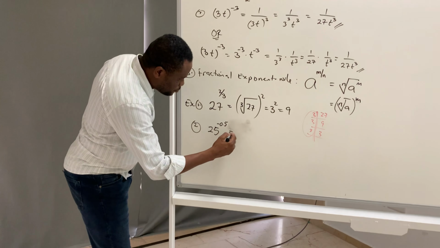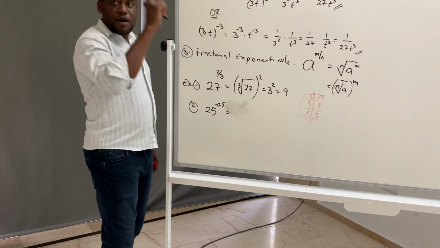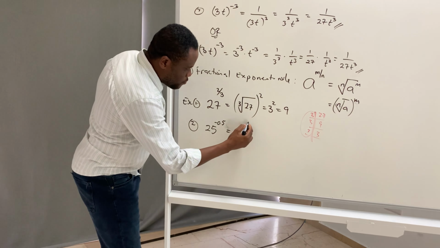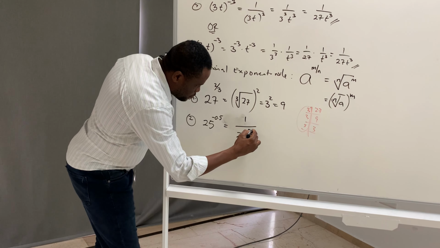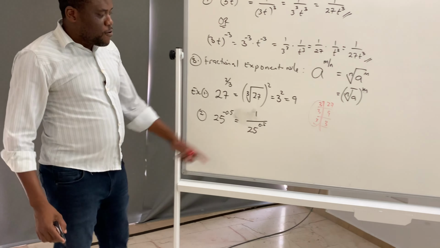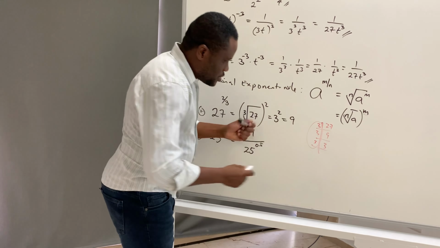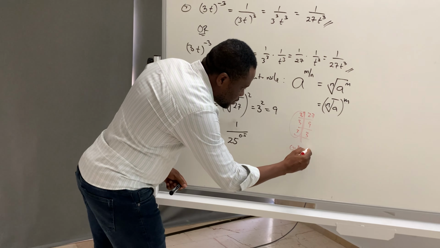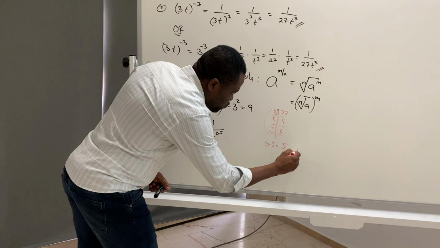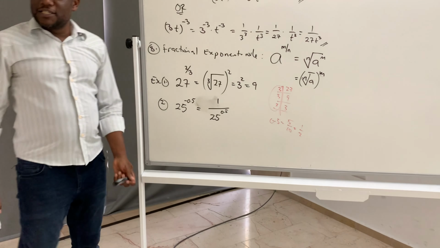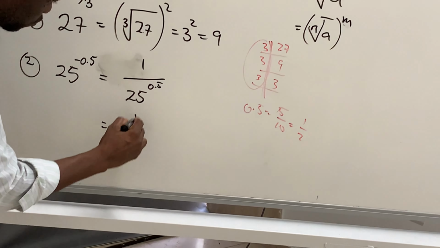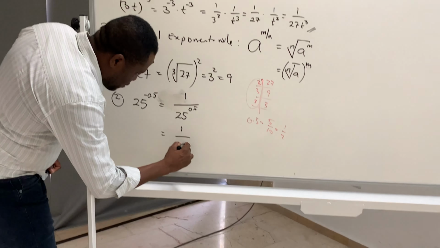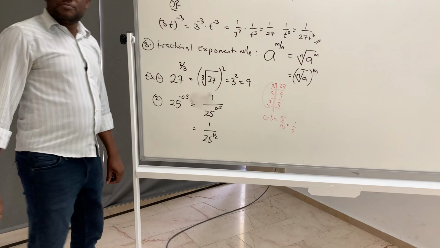What is the rule? Negative becomes 1 over. Do that one first: 1 over 25 to the power of 0.5. 0.5, convert it to a fraction. 0.5 is 5 over 10, which is 1 over 2. Right? So I can write this as 1 over 25 to the power of 1 over 2.